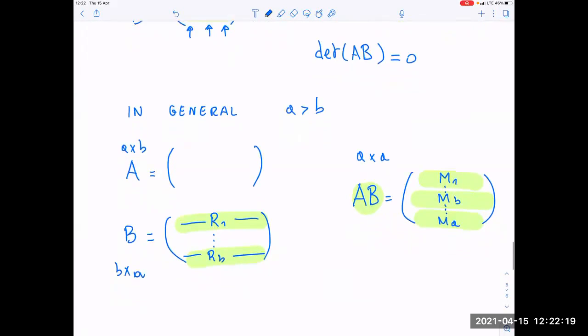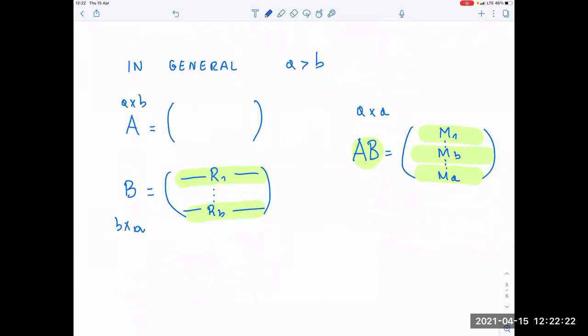Look, what is the connection between these two matrices?